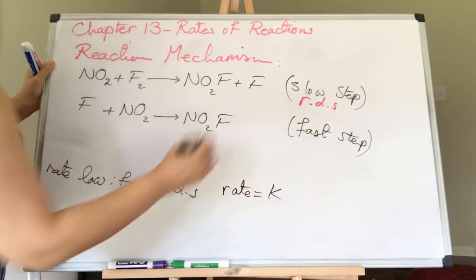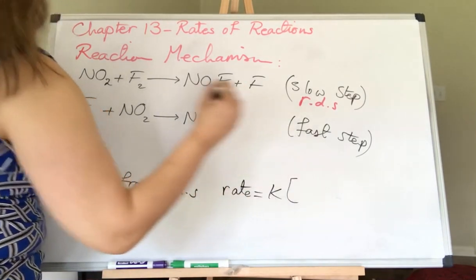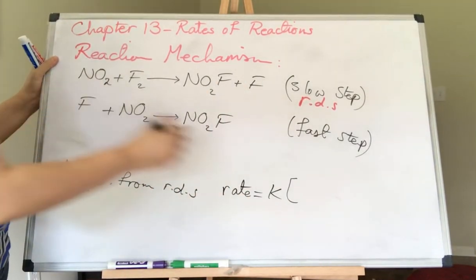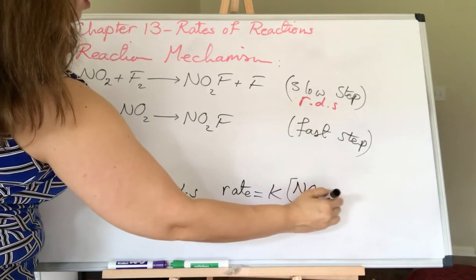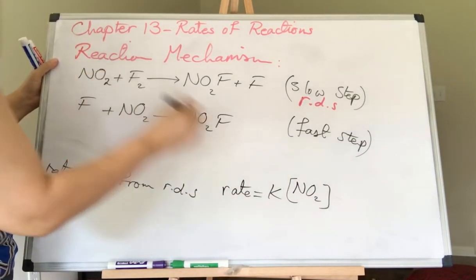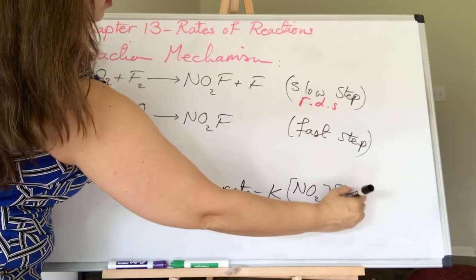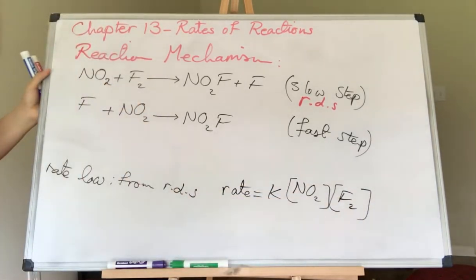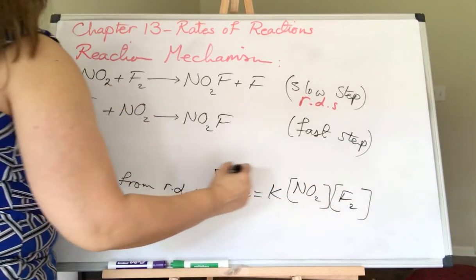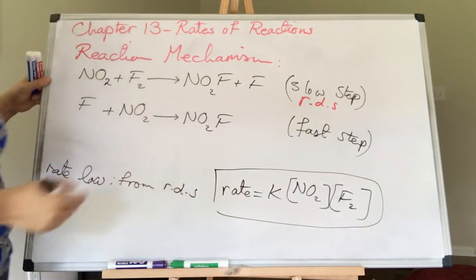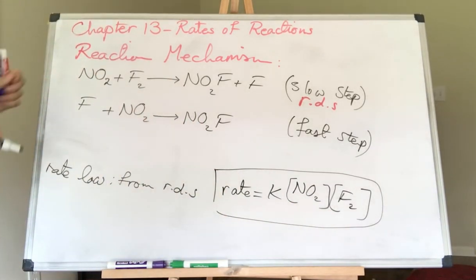So how do you write the rate law? We said we use k, the reaction constant, and then NO2, 1 mole plus 1 mole, so NO2 and F2. That would be the rate law for this equation.